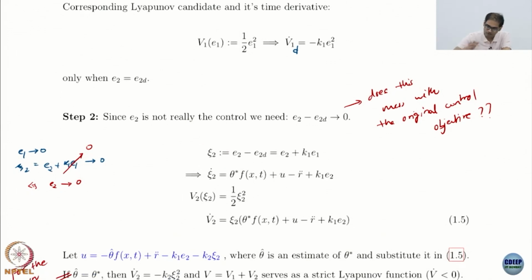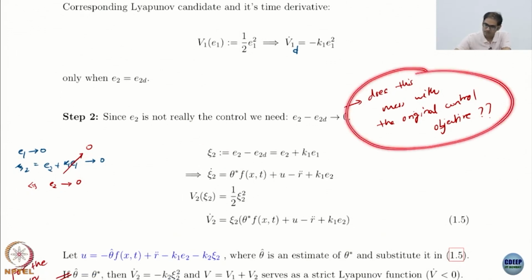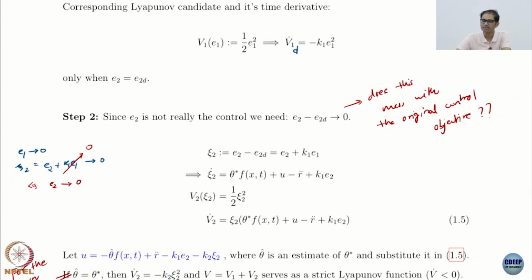Now one of the questions that I ask, which we also answered in backstepping, is: does this mess with the original control objective? The original objective was to drive E1 and E2 to 0, but now with the new dynamics my objective will be to drive E1 and psi2 to 0.